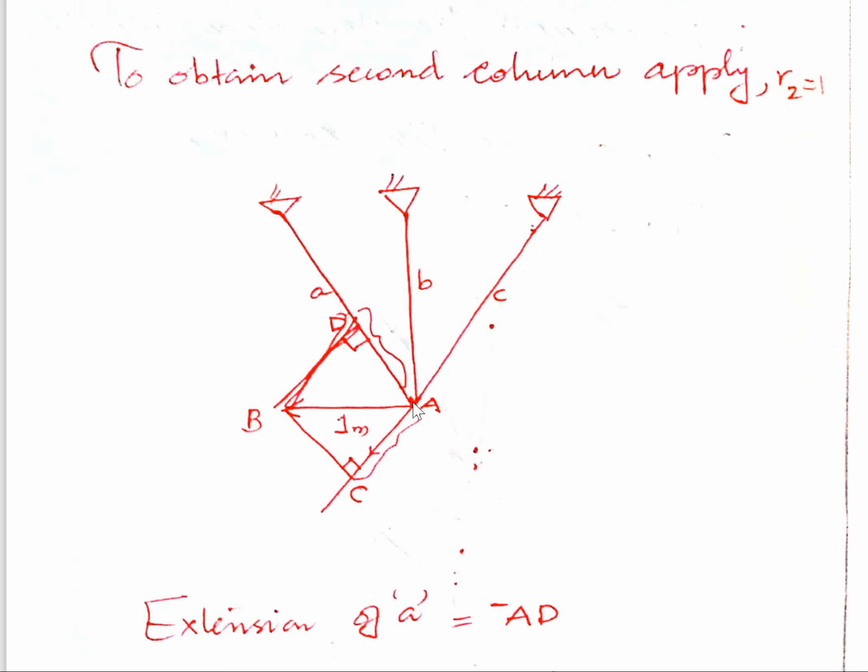So the extension for the second member is 0. In the case of third member, we have to extend this member to drop a perpendicular from point B. Then the distance between this point C and our joint is called the extension of member small c.